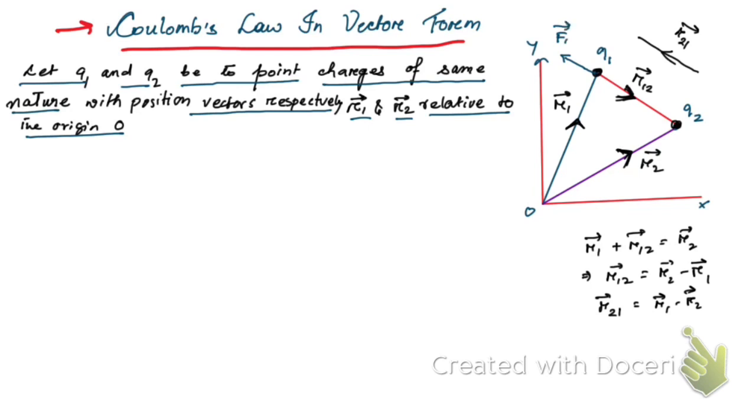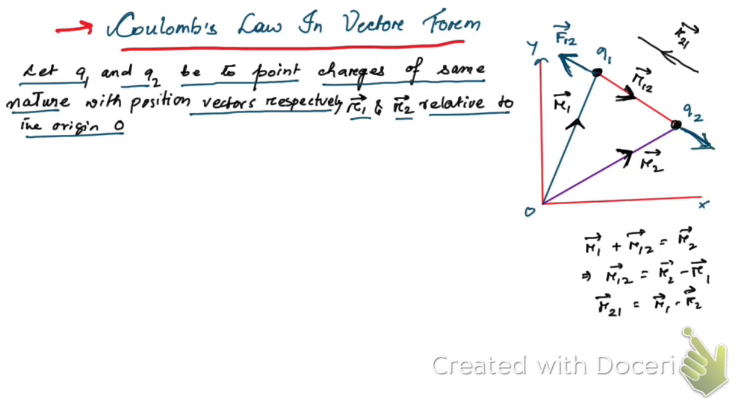The force experienced by charge 1 due to q2 will be directed away from each other, because I have considered the two charges to be of the same nature, so there should be a force of repulsion between them, not attraction.